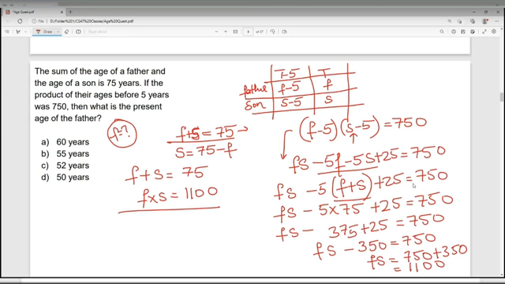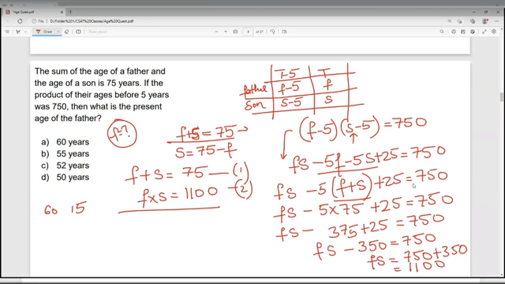They're asking what is the father's age. If it is 60, then the son's age would be 15.